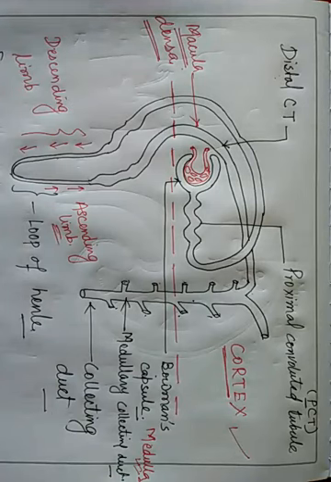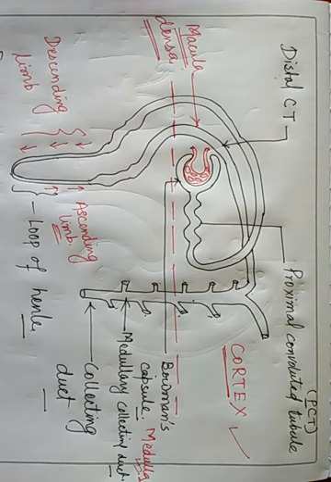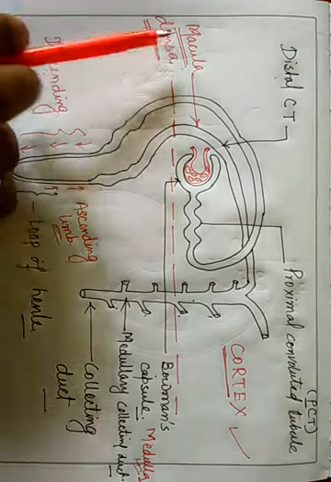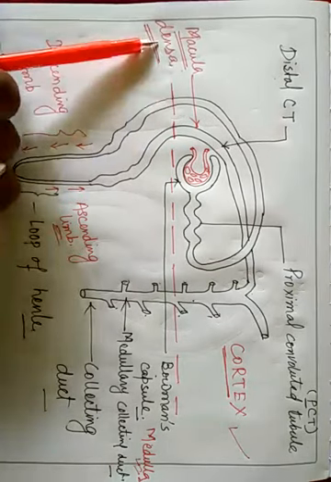But if anybody wants the detail, I can explain it personally, because sometimes complaints come from the parents' side. Sir, you are teaching more than class 10. That's why I have limited my teaching, but I will discuss macula densa with you personally if you want.